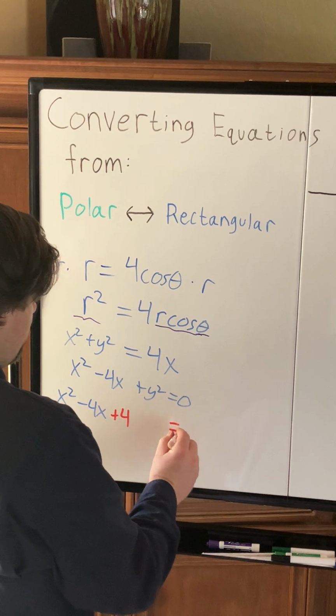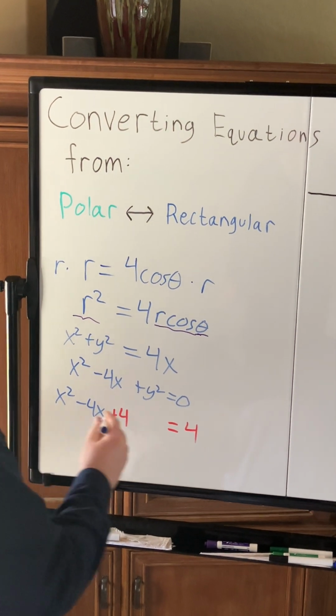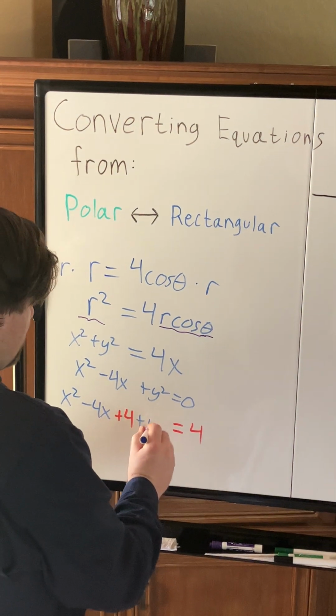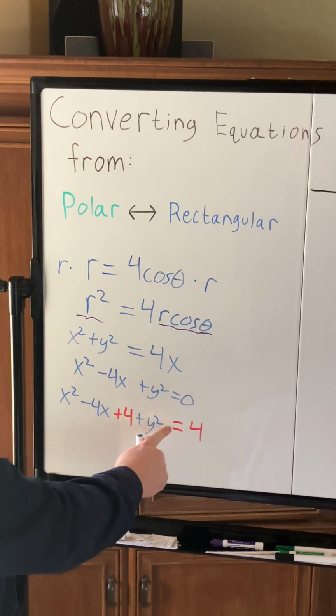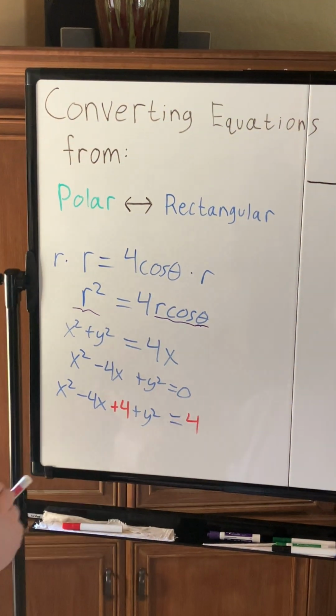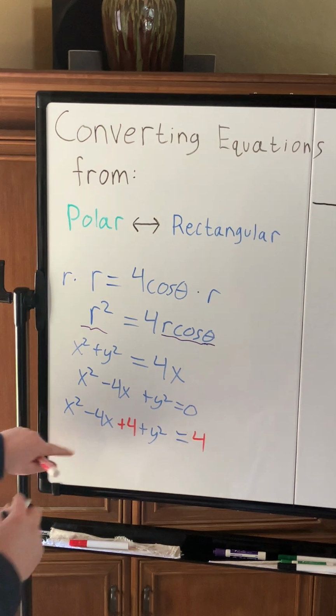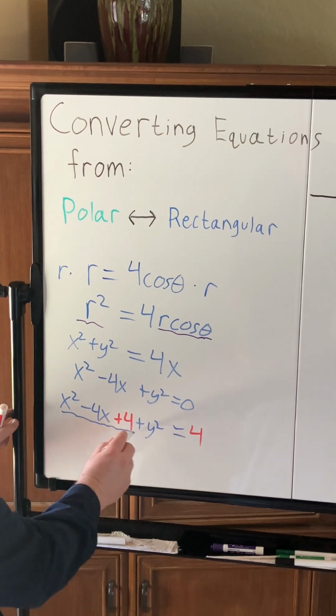And that means over on this side, we're also going to add a 4. The reason we do that is we're completing the square for this portion right here.